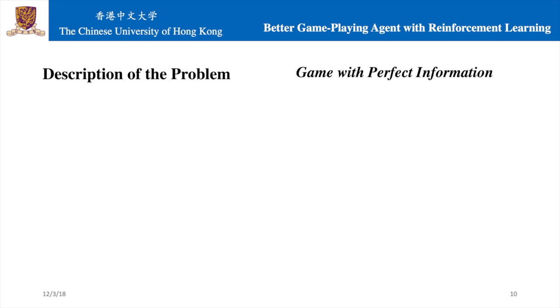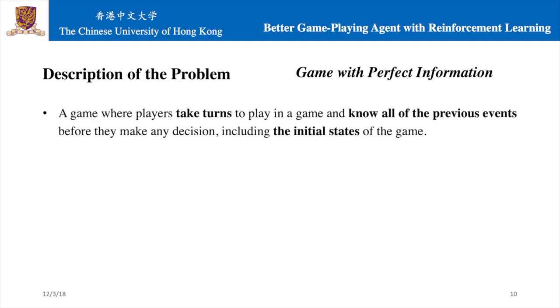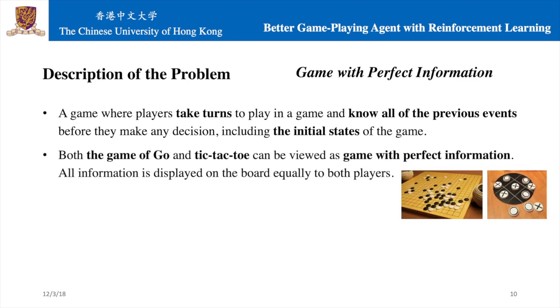Also, the game of Go is a game with perfect information, which means in this game, players take turns to play and know all the previous events before they make any decision, including the initial states of the game. So for both the game of Go and tic-tac-toe, all the information is displayed on the board equally to both players.